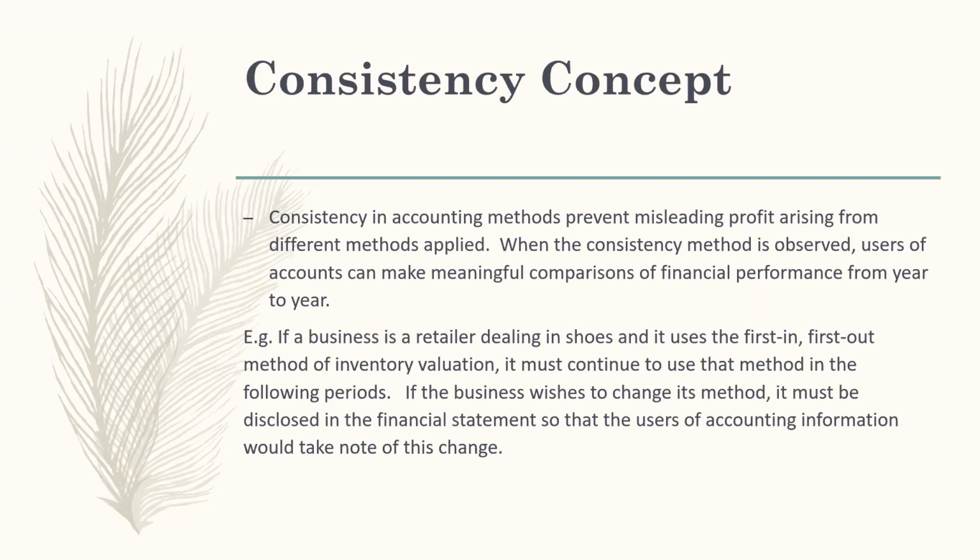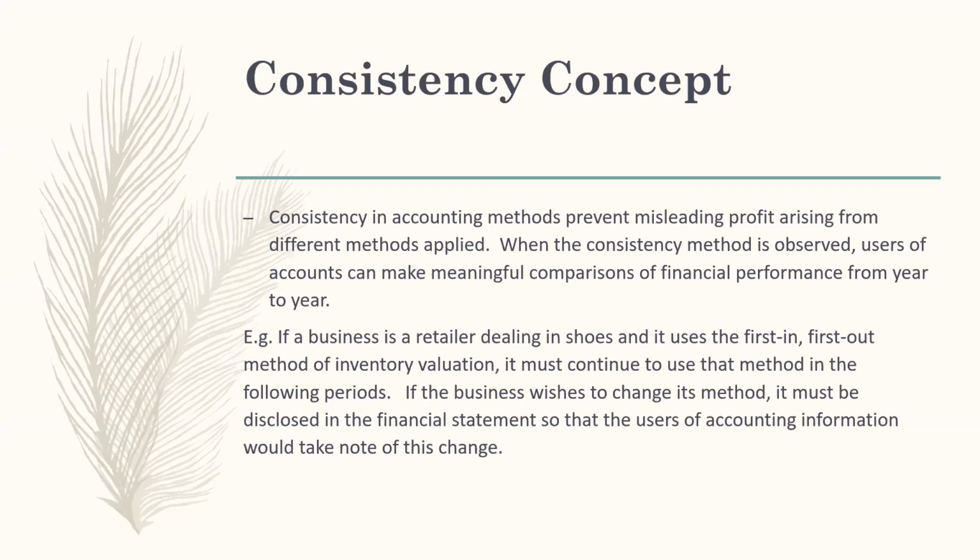And let me just go through the example here quickly. If a business is a retailer dealing in shoes and it uses the first in, first out method of inventory valuation, that is the method that is used for valuing the shoes, it must continue to use that method in the following periods.